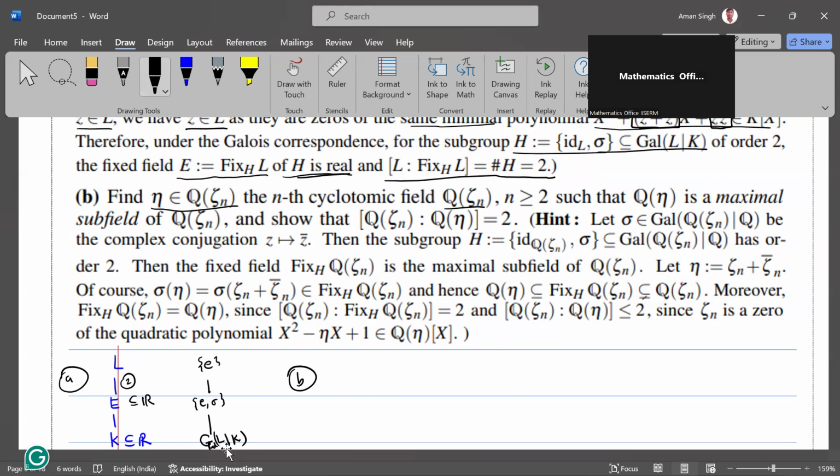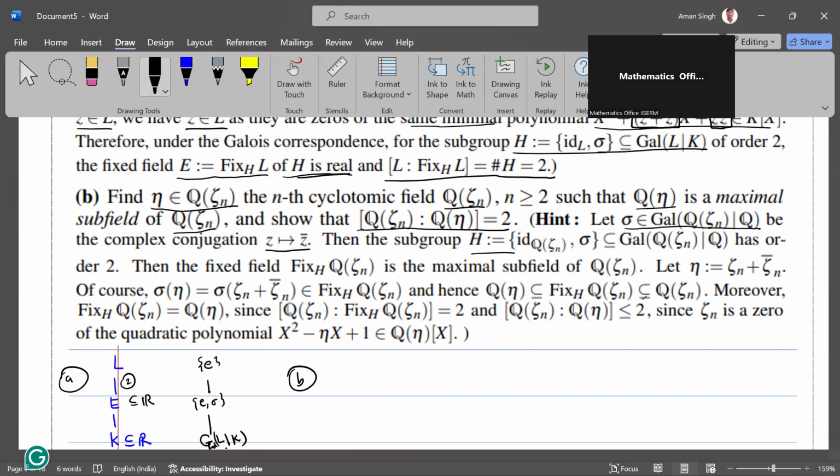We are attaching the primitive nth root of unity to Q, such that Q(eta) is a maximal subfield of Q(ζ_n), so that the degree of the extension is 2. So again, we'll follow the hint, and I'm not going to solve it because it is already in the solution. Take sigma belonging to the Galois group of this extension, the complex conjugation, and we know its order is 2.